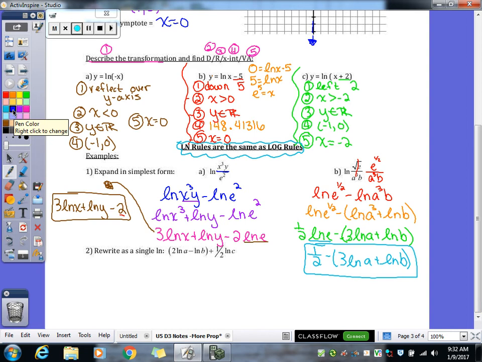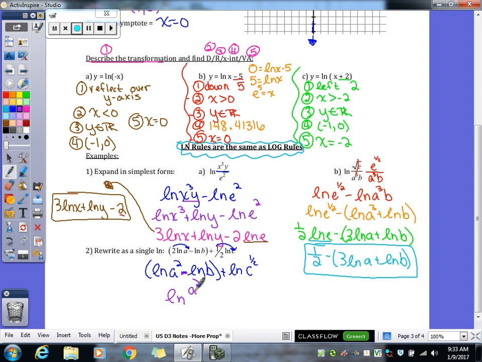Okay, so here we are condensing. They gave us our nice long expanded form. We have to condense this now, so I'm going to take care of exponents first, which I have an exponent of 2 and an exponent of 1/2. So that's going to be ln of a squared minus ln of b plus ln of c to the 1/2. So now, parentheses first, so I'm going to take care of this one first. It's subtraction, which means it's division.